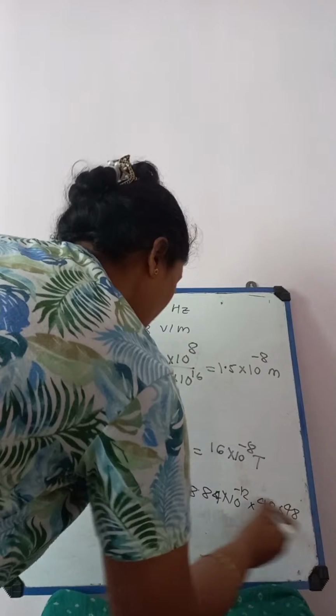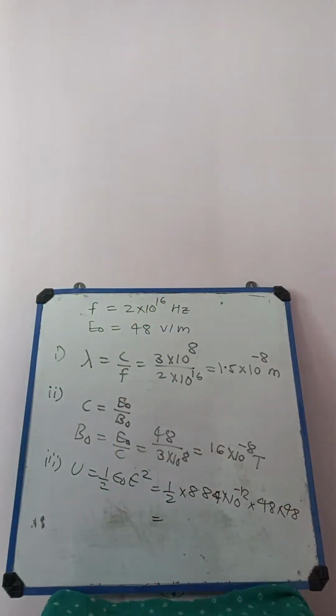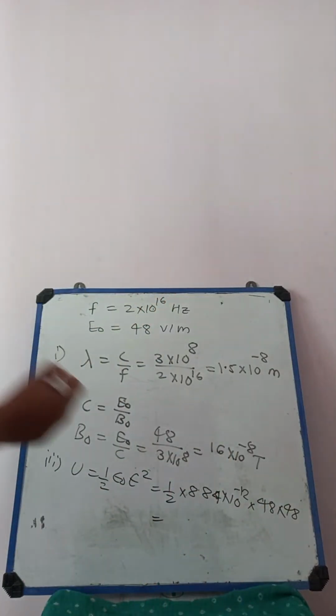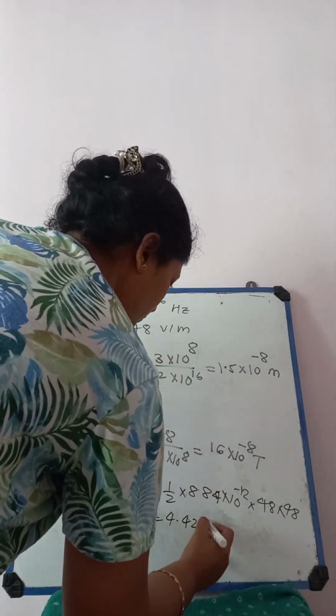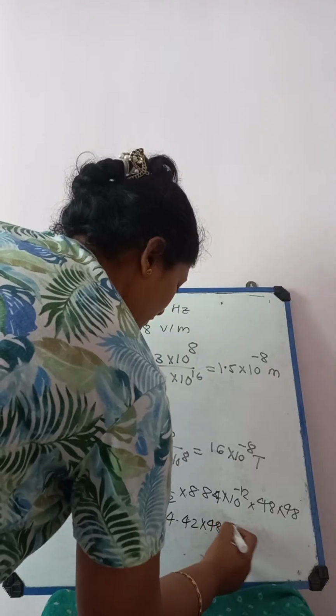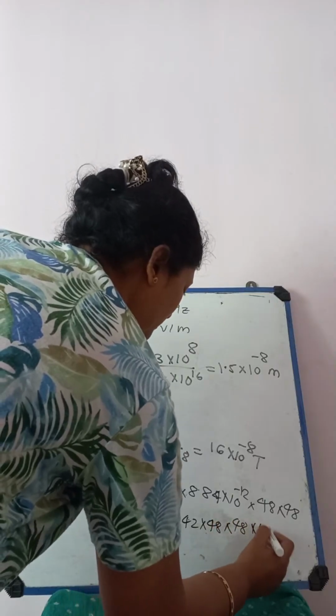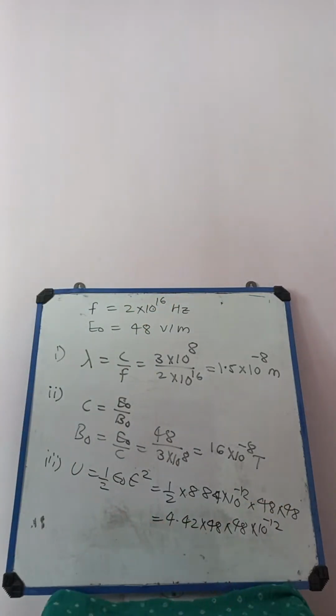Simplify this, check this 2, that means 4.42 into 48 into 48 into 10 raised to minus 12. Check what is the answer you are getting.